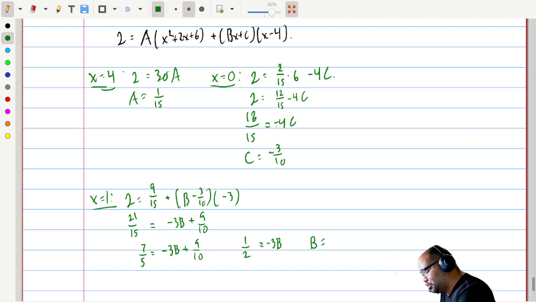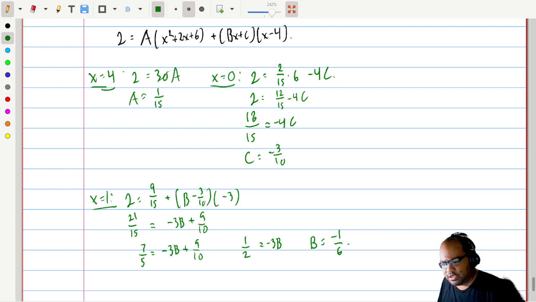So B is equal to -1 over 6. Oh God, I hope that's right. That's why I have a CAS. Where is it? There we go. So let's check this real quick on the CAS.